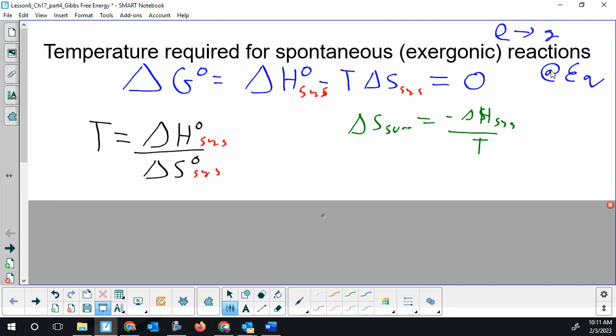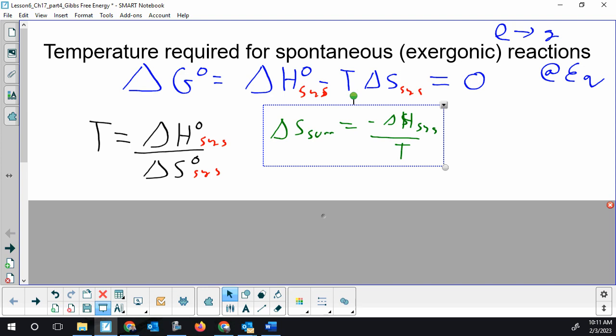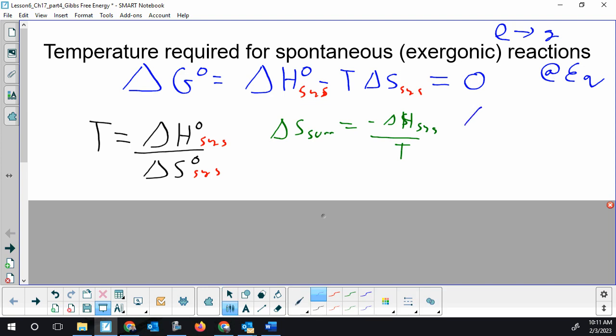Connecting the two, change in entropy of the universe is change in entropy of the system plus the surroundings.